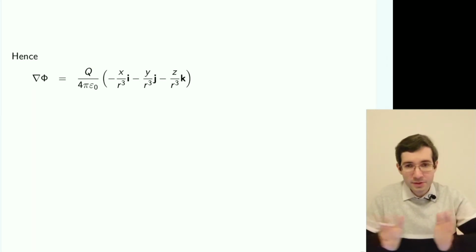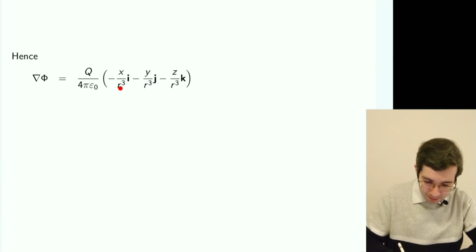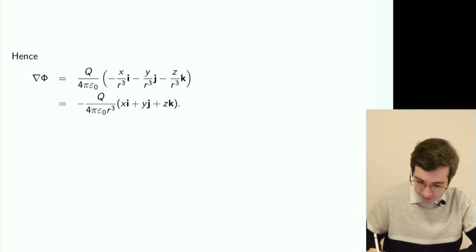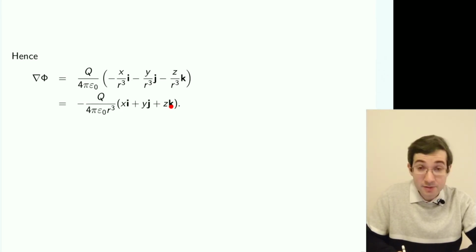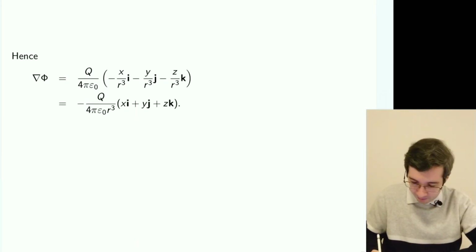So if we put these things together, we'll see that we have minus x over r cubed, minus y over r cubed, and minus z over r cubed. And if we simplify it a bit further, we see that it's in effect just the components of this vector r, which points away from the charge.